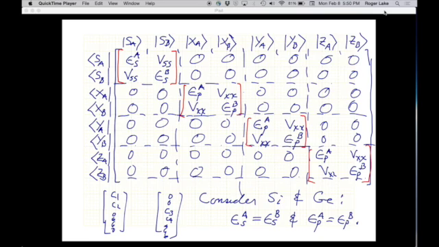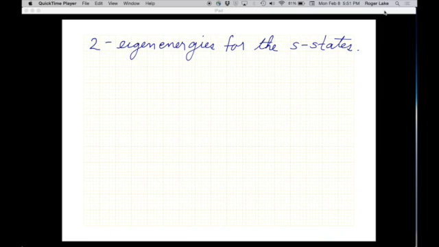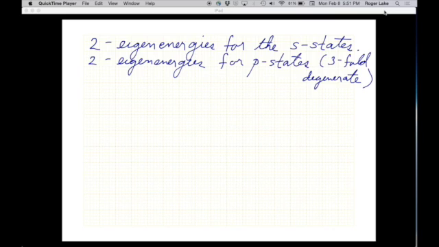So these energies are going to be 3-fold degenerate for the p states. We'll get also 2 eigenenergies for the p states, but they're going to be 3-fold degenerate. Again, you're thinking of a 2x2 matrix, you're going to get the upper energy, the lower energy, and for each one of those, you'll have 3 states.